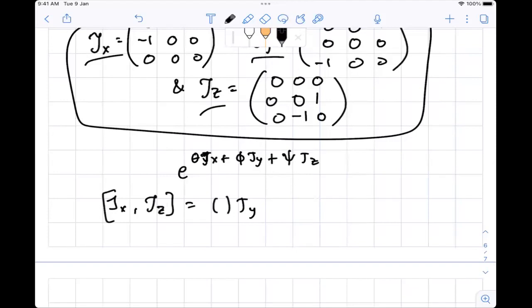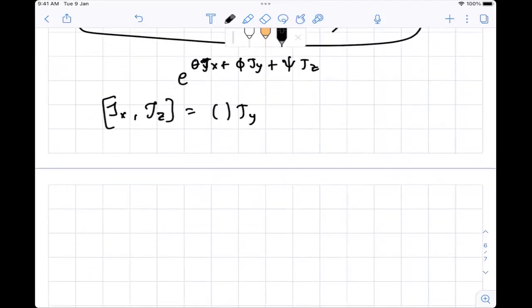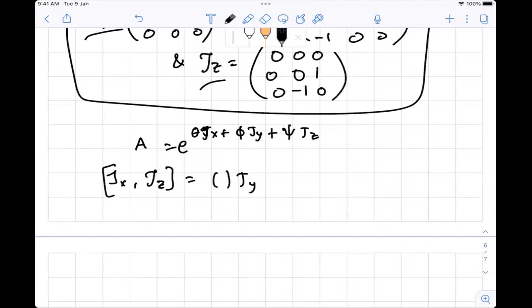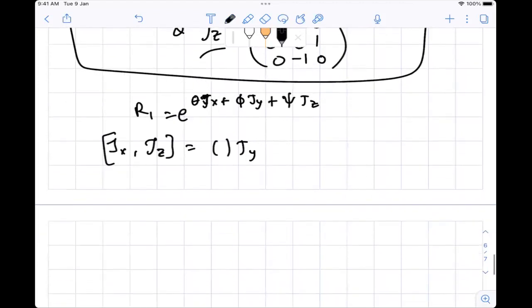Okay. So after you know the Lie algebra of a Lie group, then, let's say this is rotation R1, which is equal to this, and rotation R2 can be e power theta prime Jx, phi prime Jy, psi prime Jz.